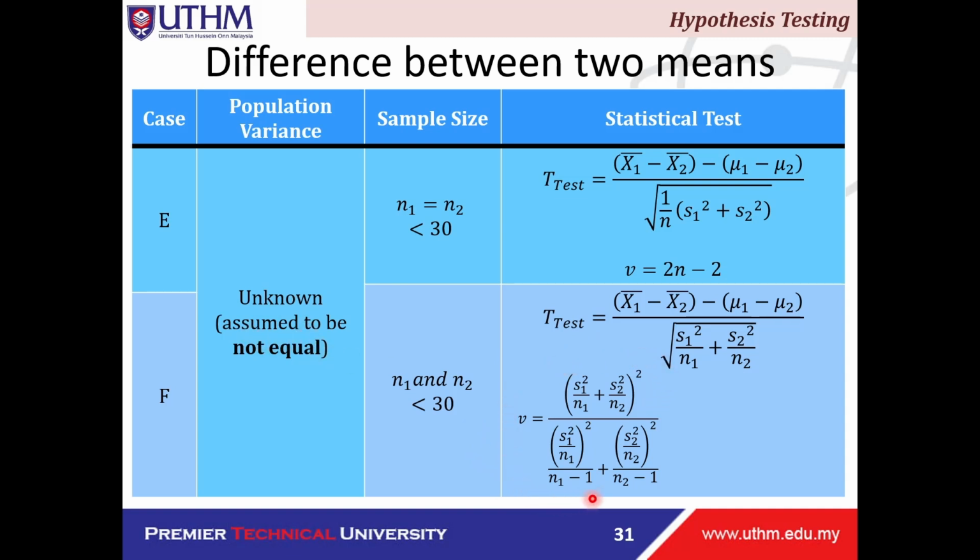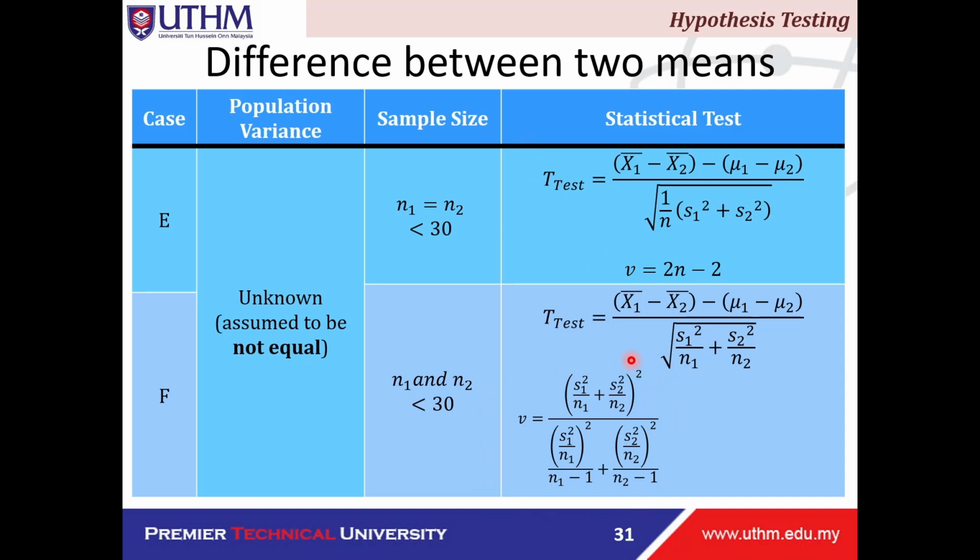And even though the population variances are assumed to be not equal, if both sample sizes are equal, then nu, the degrees of freedom, is calculated using 2n minus 2. So E and F differ in the way to get nu, both using the t-test.